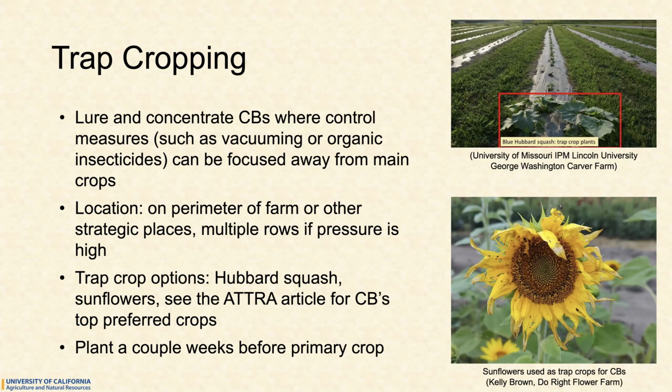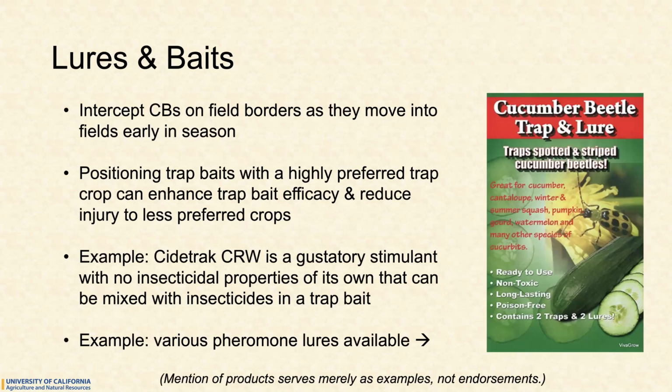And here's a nice example at the bottom right of a sunflower that's been used as a trap crop for cucumber beetles. This photo is provided by Kelly Brown at Do Right Flower Farm. You could experiment. Maybe some different types of crops work better for trap crops than others. But you want to be sure you have a strategy to control the beetles once they gravitate towards your trap crop.